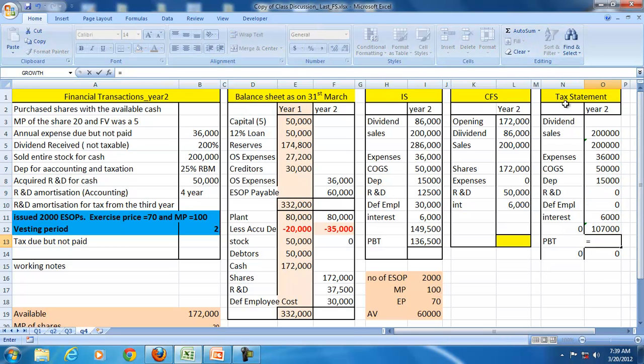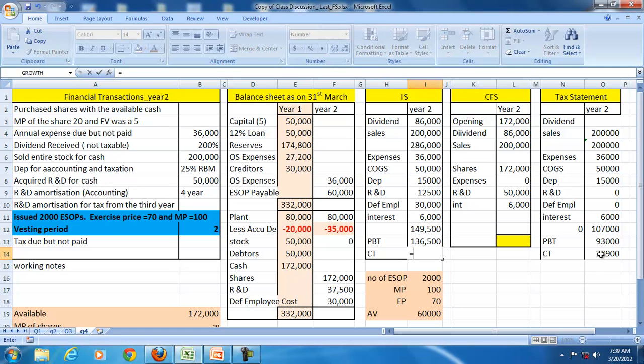So the taxable profit is 200,000 minus 107, that is 93,000, and assuming the tax rate to be 30%, we get 27,900 is the current tax.